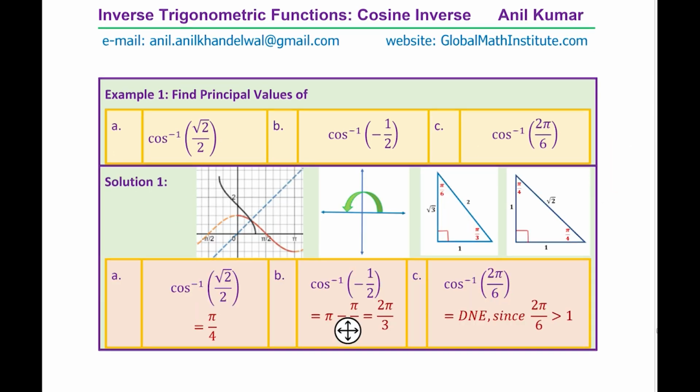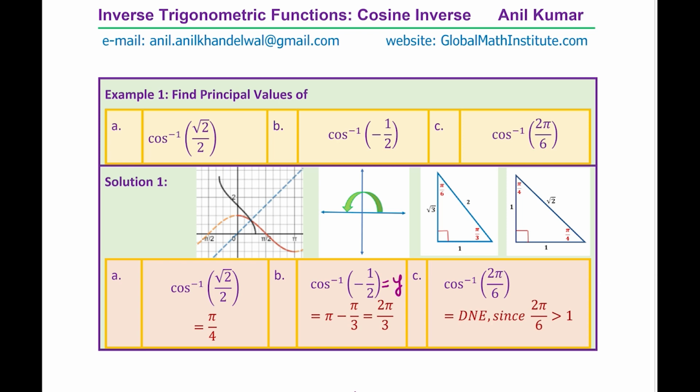Here is the solution to all the three questions. So as I said, cos inverse of square root 2 over 2 is pi by 4. Cos inverse of minus half is pi minus pi by 3, which is 2 pi by 3. Perfect. When we say cos inverse of minus half, we are saying that cos of y is, let us say this value is y.